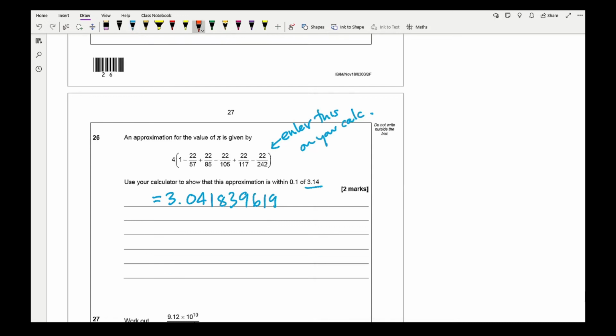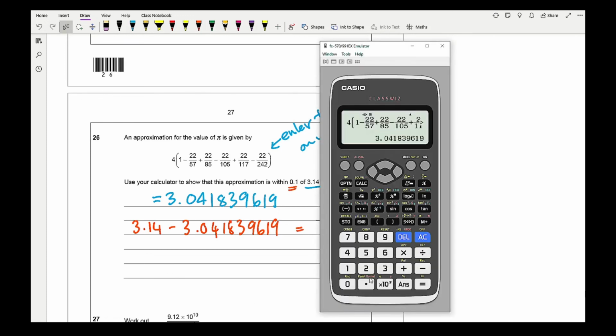So what I now need to do is do 3.14 minus this number and show that it's within 0.1. So again, I'm going to use my answer function on my calculator. I've got 3.14 minus the answer, or you can just type in that number, that's absolutely fine.